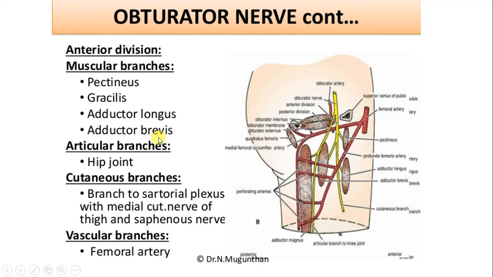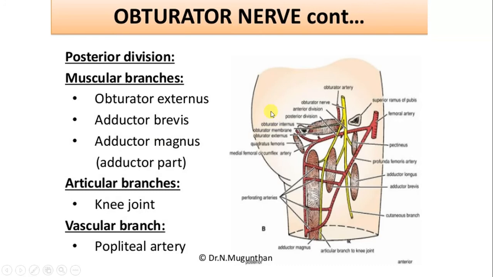That is the anterior division. Posterior division, same diagram I have shown to you. Muscular branches to obturator externus, adductor brevis, magnus, adductor part, and it will supply articular branch to the knee joint, and vascular branch to the popliteal artery.